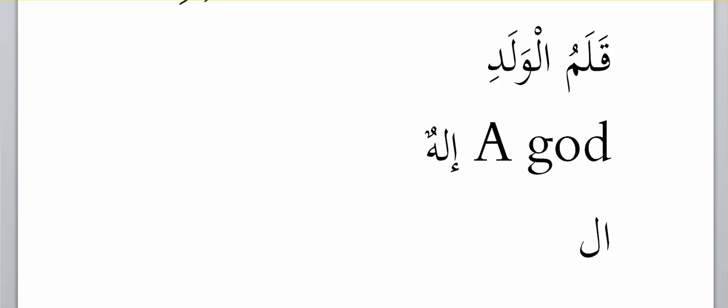We say alif and lam, noon, alif, sin, and nasu. And nasu means the people. How do we make it? God of the people. God of the people. We take the word ilah.